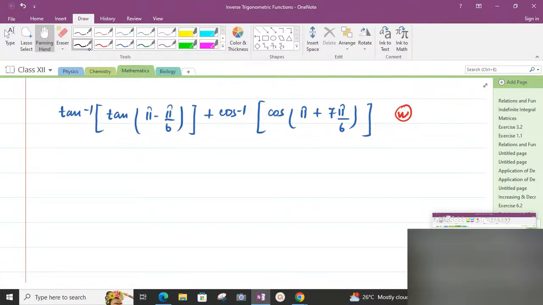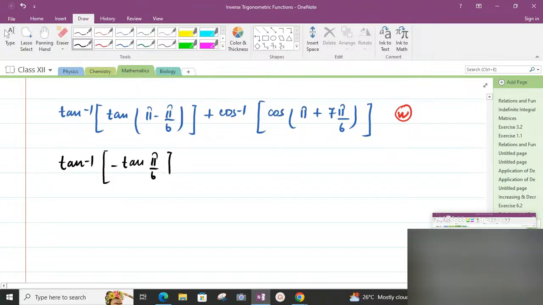So the next step here will be tan inverse of tan of pi minus theta equal to minus tan theta. So we write down here tan pi by 6. Hope that there is no problem to understand up to this step.